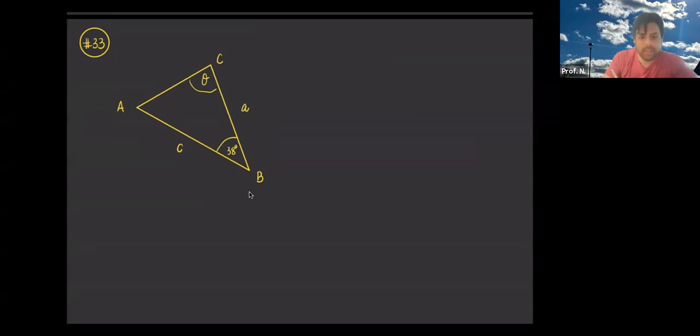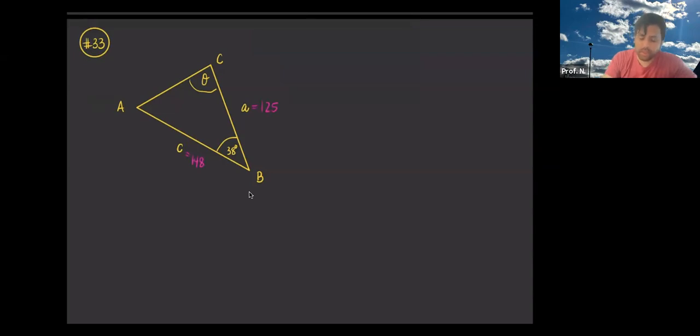It says, assume that A for your numbers might be different, but my numbers are 125 and 148. And it says find the indicated value of theta.